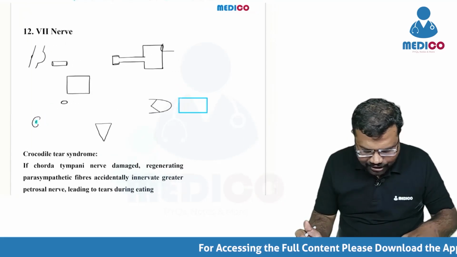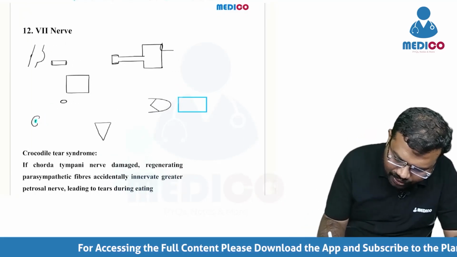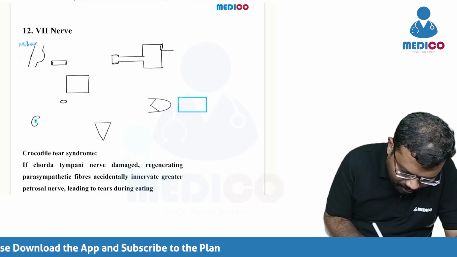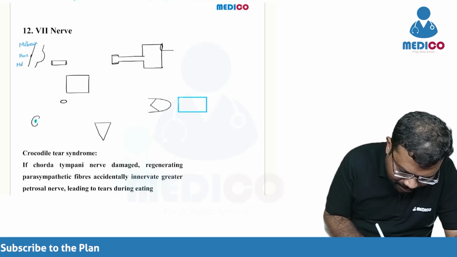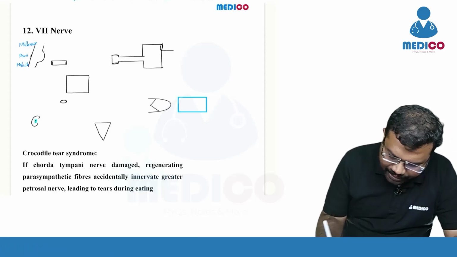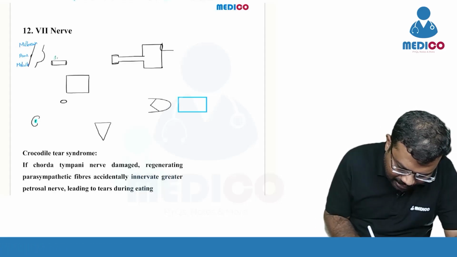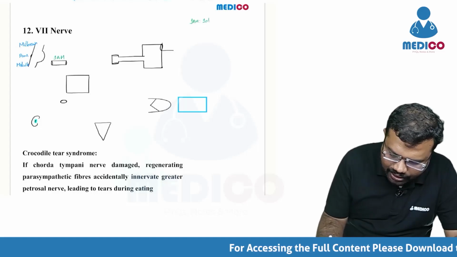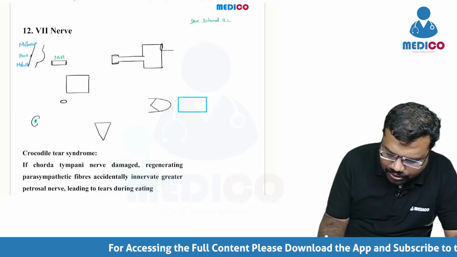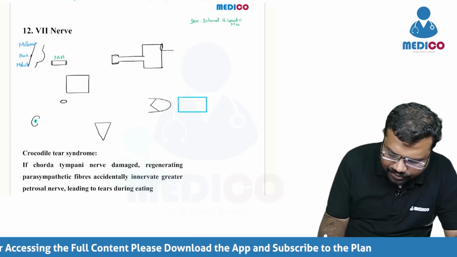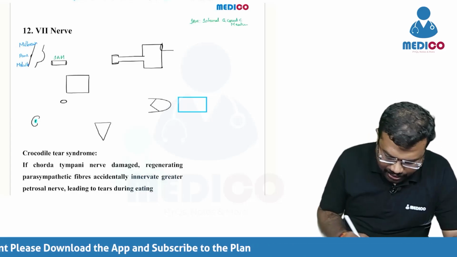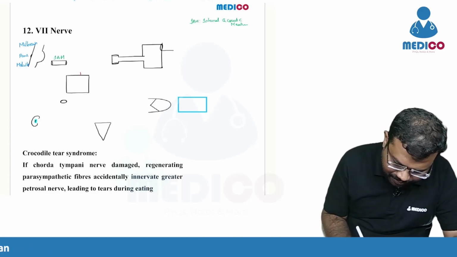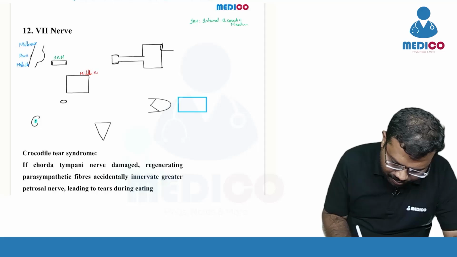Let's imagine this is the facial nerve, an outline skeletal part. This is the midbrain, this is the pons, and this is the medulla. Just in front of the brainstem, we have the internal acoustic meatus, IAM. Below that internal acoustic meatus, we have the middle ear.